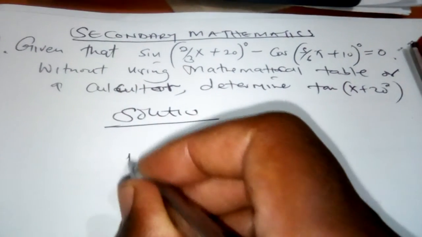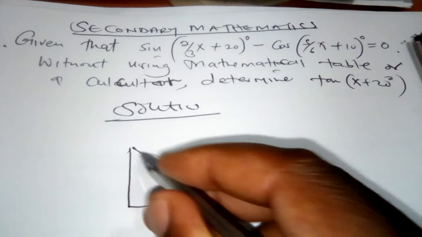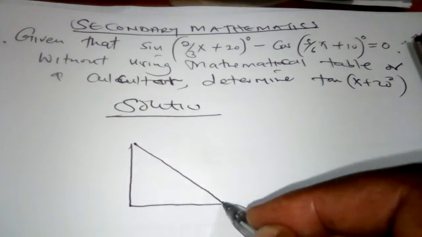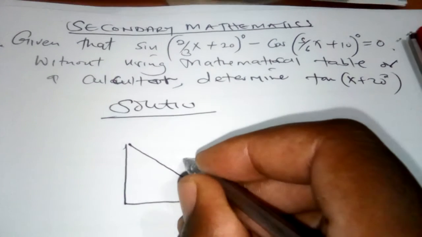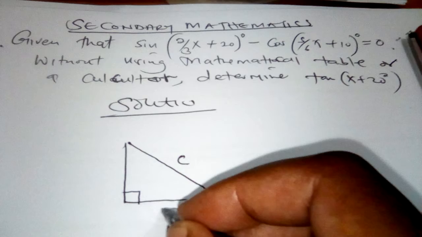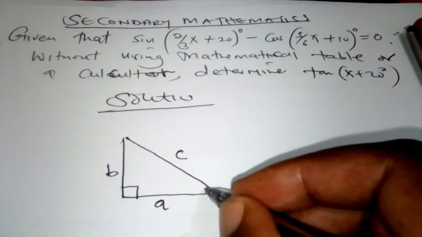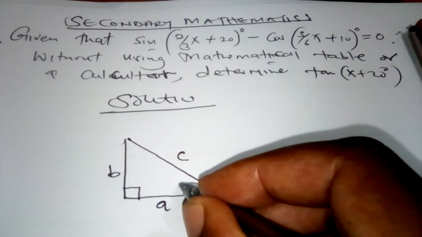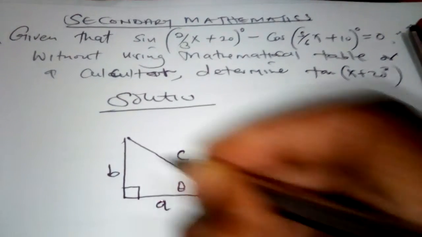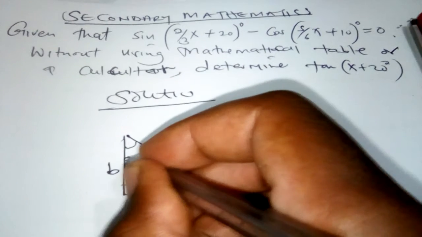Under the solution, I draw a right angled triangle and designate this side to be C, because this is right angled, this to be my A, and this to be my B. I label this angle as theta.